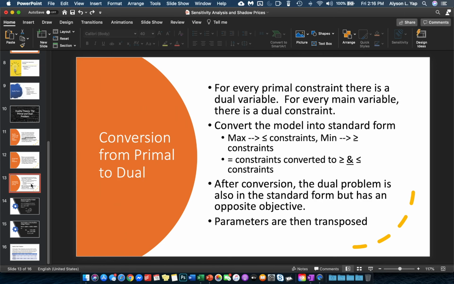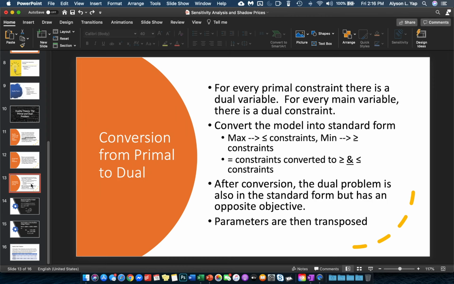Okay? To summarize, the first step is to standardize the primal problem. Again, standardization means if you have a maximization objective function, convert all constraints into less than or equal to. If you have a minimization problem, convert all constraints into greater than or equal to constraints.